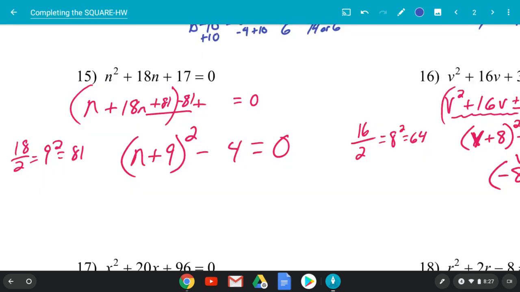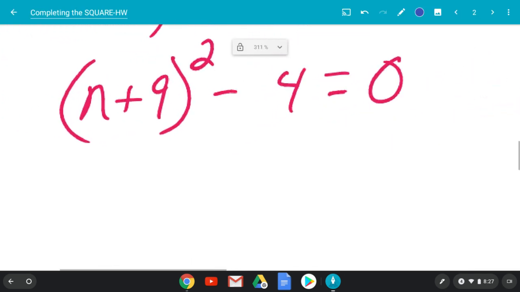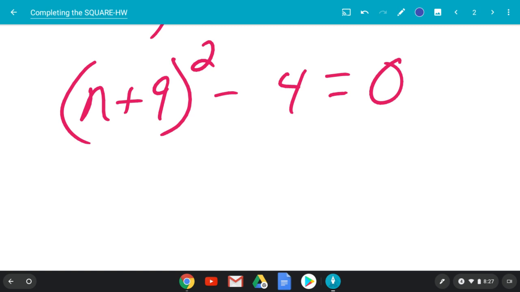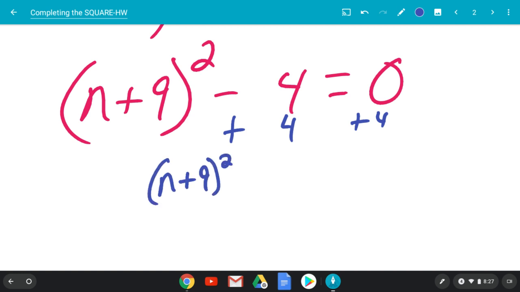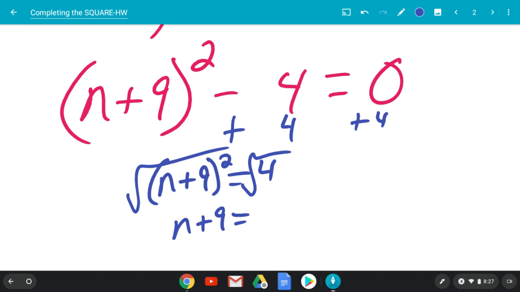All right, number 15. Who can walk me through step by step? All right, Zyler. So first you add 4 to both sides. Plus 4, plus 4, n plus 9 quantity squared equals 4. And you take the square root of both sides, okay? So n plus 9 equals positive or negative 4.